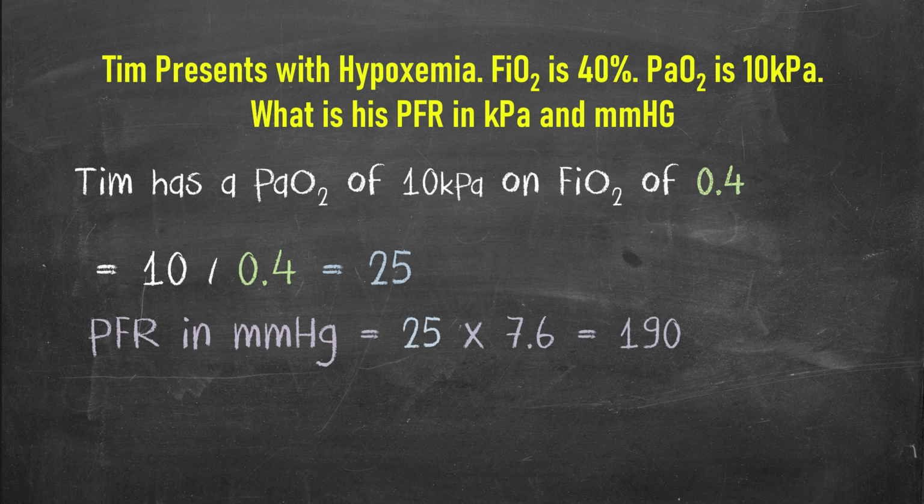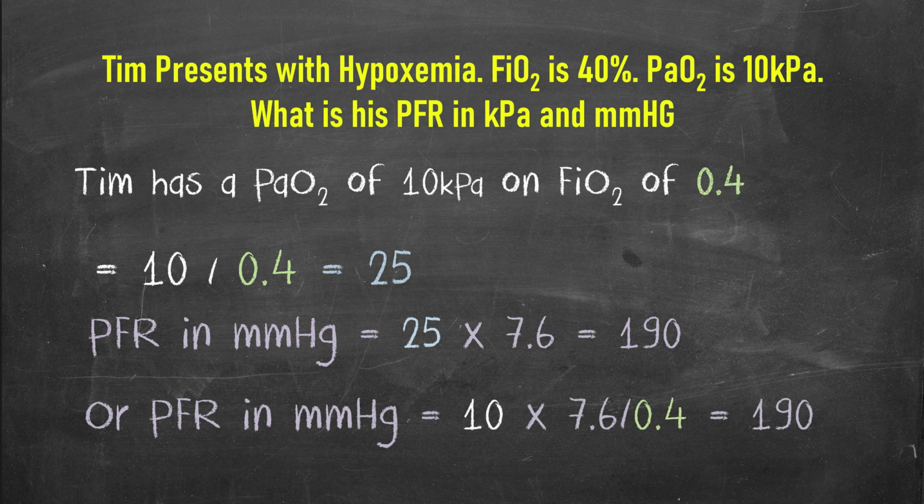Now, to give that in millimeters of mercury, we're going to multiply by 7.6, and the PF ratio in millimeters of mercury is 190. Or alternatively, you can multiply 10 by 7.6 and divide by 0.4 to get the same one.